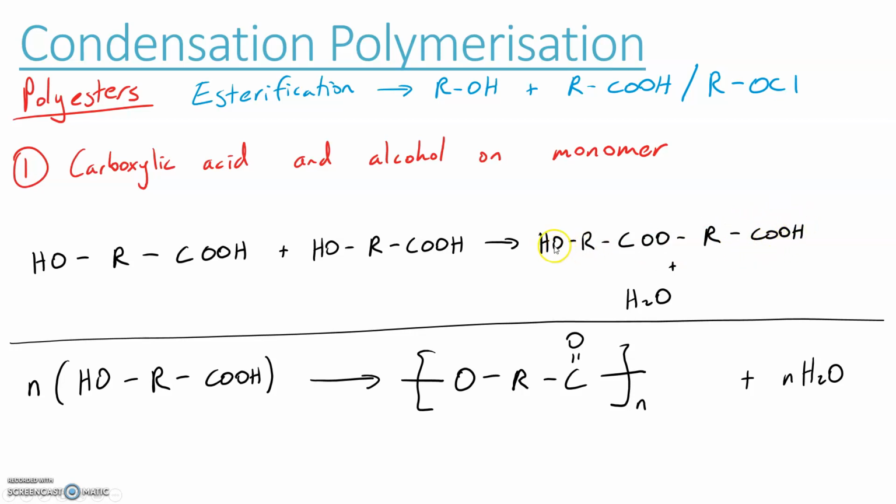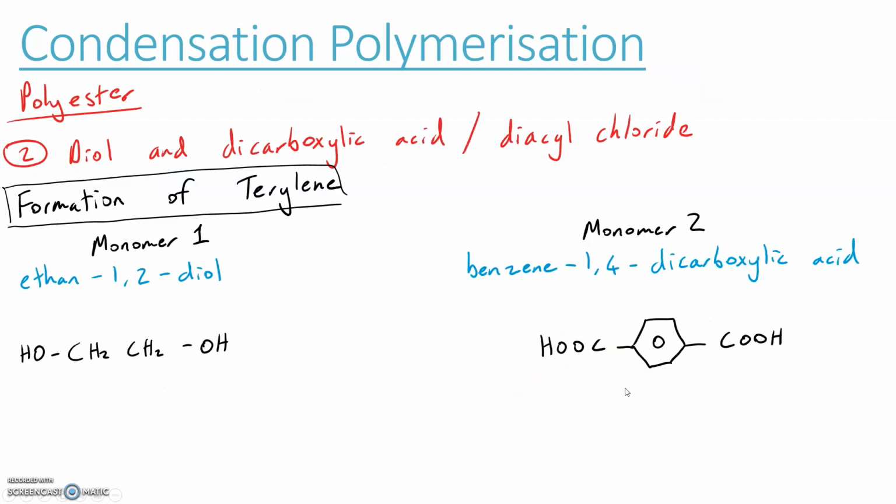So the repeating part is going to start with the O, and then it's going to be ORCO. That's what we see down here, and then we see it again, ORCO. So it's this ORCO that is repeating again and again in the polymer.